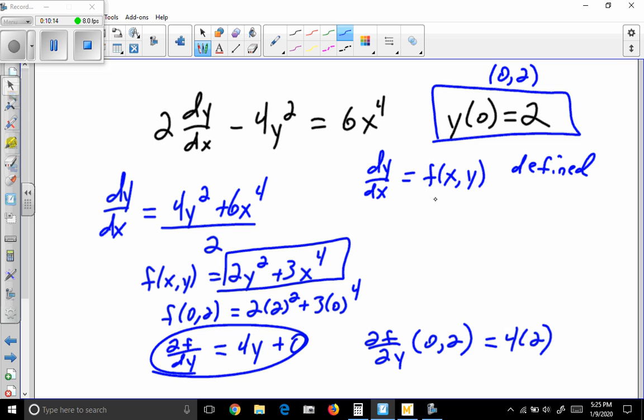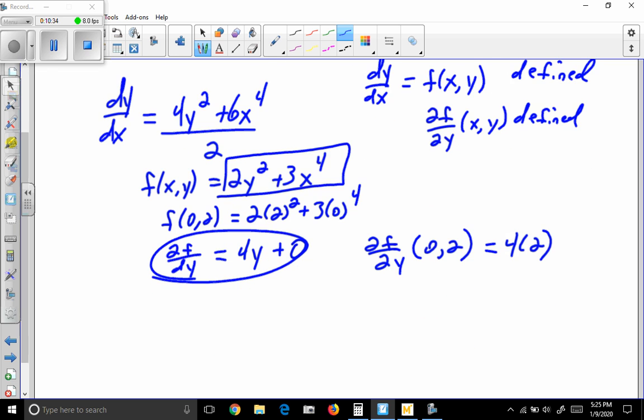So since f of x, y and the partial of f with respect to y, both of those are defined and continuous at that point, then we're guaranteed that there is some solution. The solution exists, and it's a unique solution.